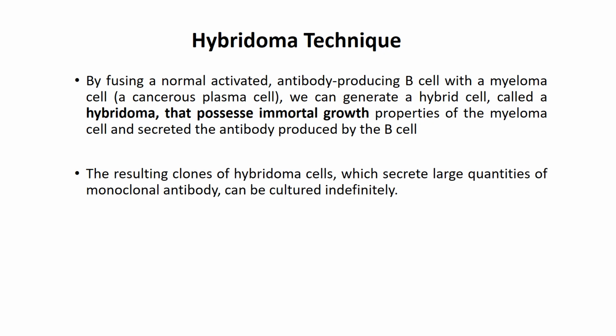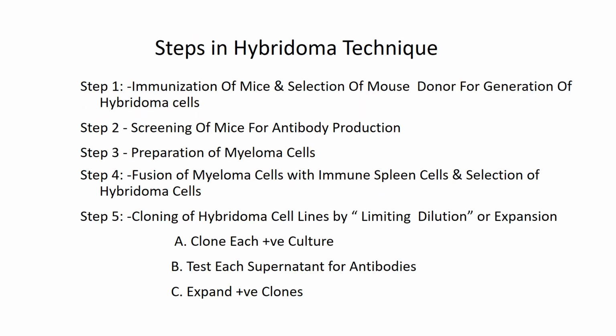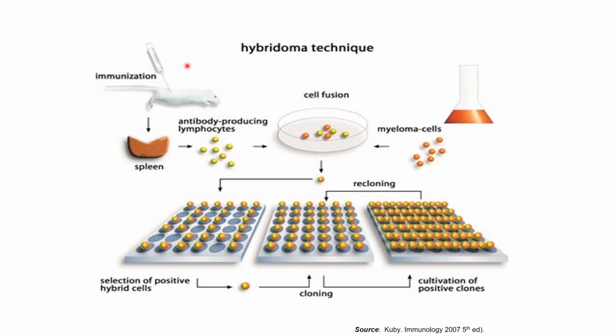Okay. So these clones of hybridoma cells are generating large quantities of monoclonal antibodies. These are different steps, as I mentioned before, just to give you an idea how this works. This is an image. Think of this as an immunized mouse. Its spleen is taken out.